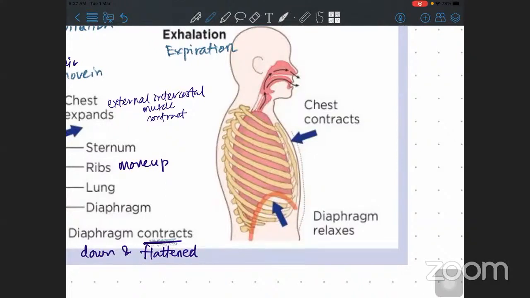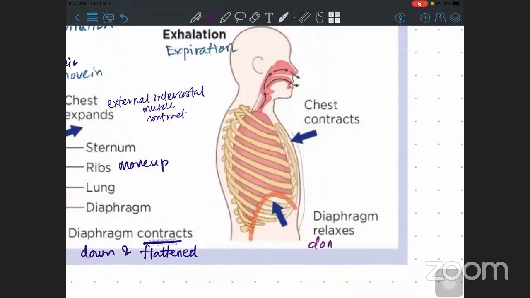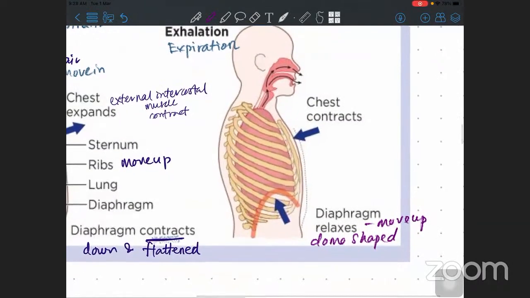This is the so-called dome shape, and it moves up.